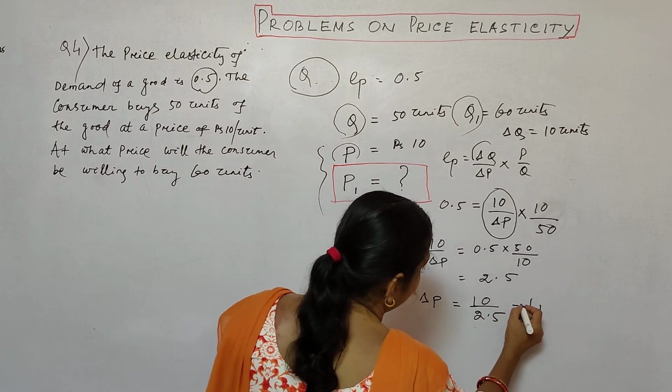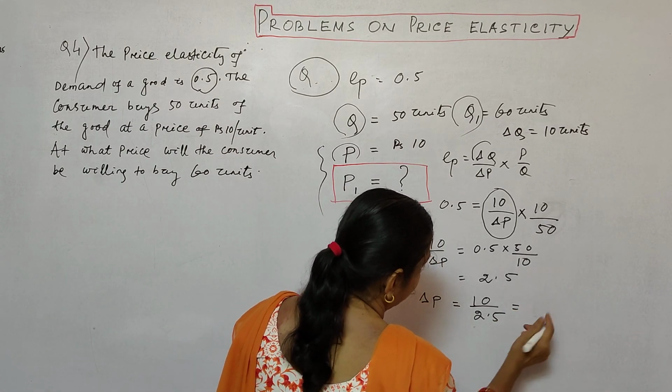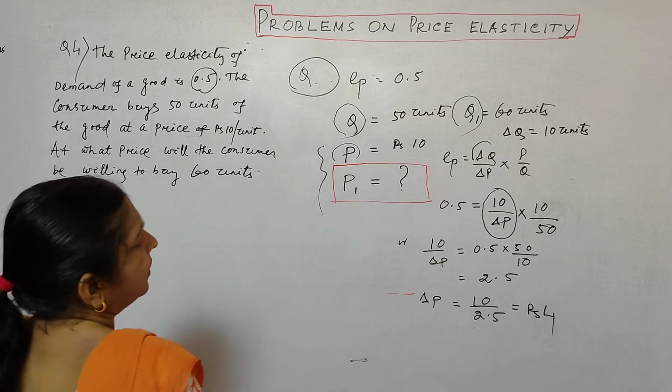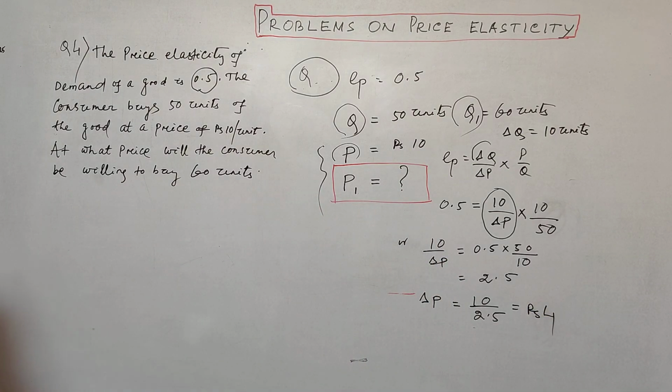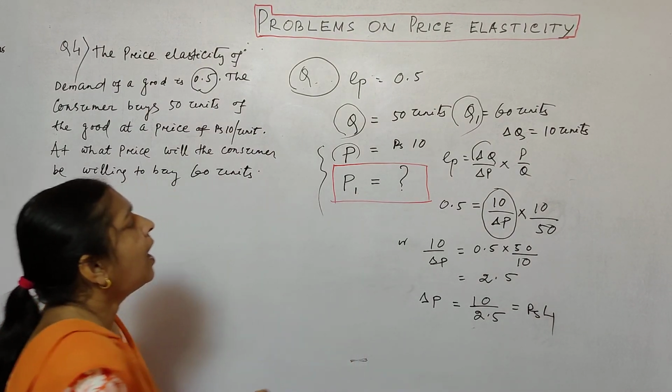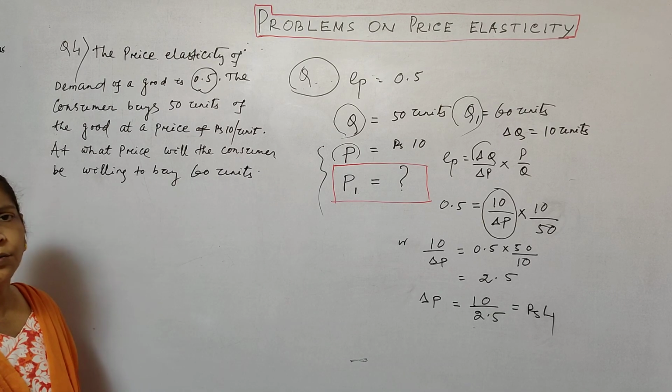As it is the price, we can put here rupees 4. So we have found the value of delta P. With the help of delta P, now we will find the value of P1.